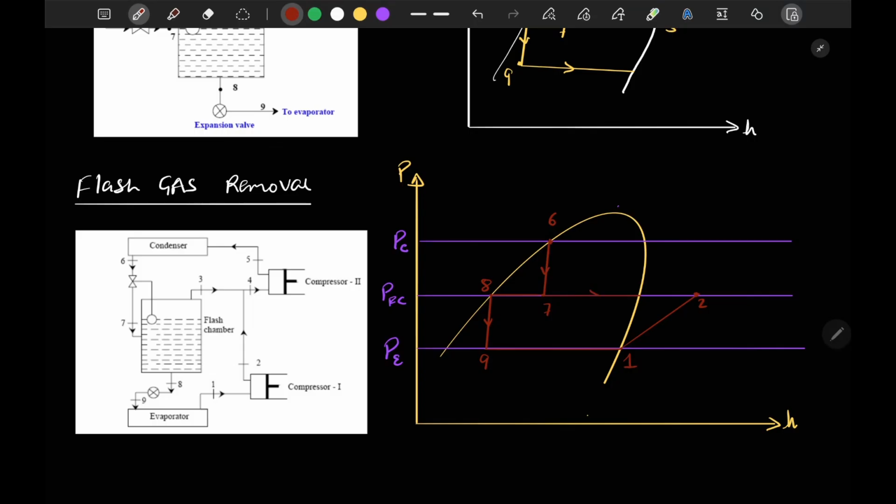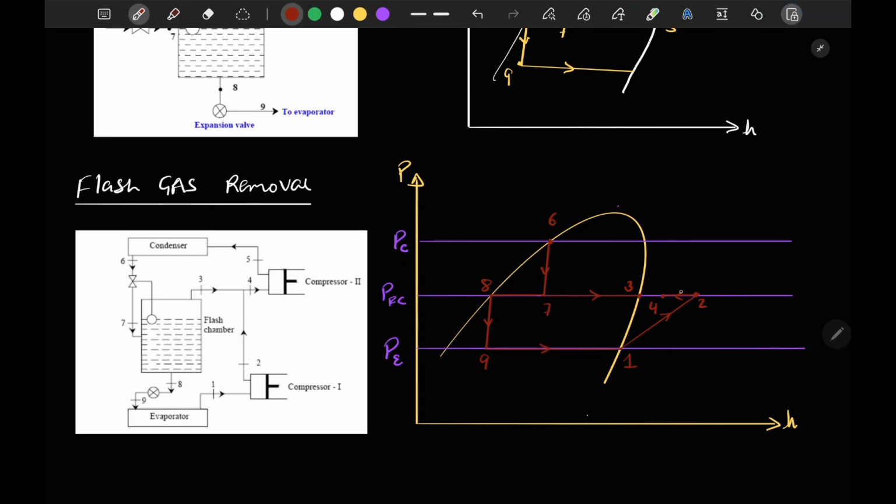The vapor phase refrigerant at flash chamber pressure will move here, and this will be our point 3. Points 2 and 3 combine to make a mean state, that is 4. I hope you get till there.